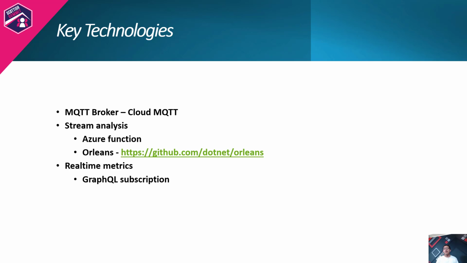However, like using any .NET NuGet package, there's always a learning curve, and you have to program and understand the root of these, instead of leveraging some existing cloud services. And lastly, the real-time metrics is done via GraphQL subscription, which is good, but maybe there are other alternatives.